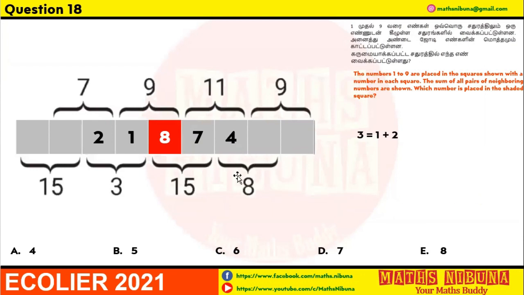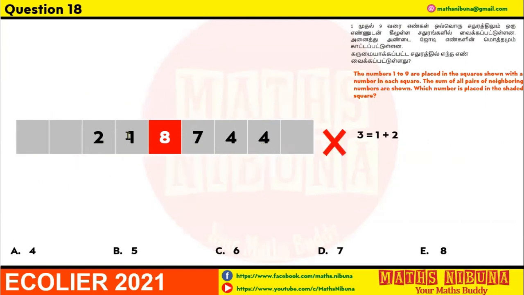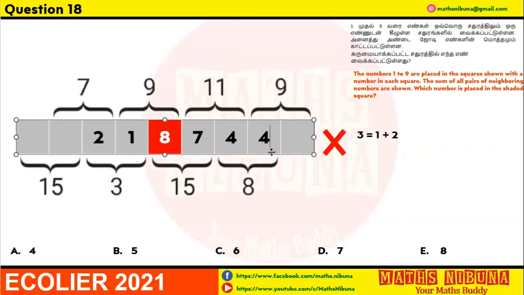Now this is 4, this is 8, so 4 plus 4 is 8. So this one cannot happen, because 4 cannot repeat 2 times. Each number you can only use once. So when you use 2, 1 here, this one becomes 4 and 4. You got two 4s. So that means this combination is wrong.